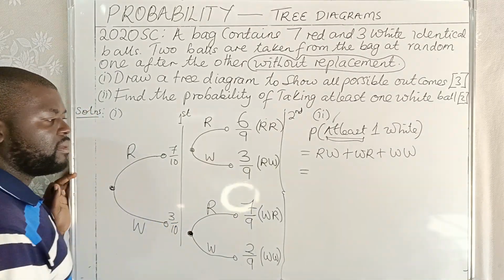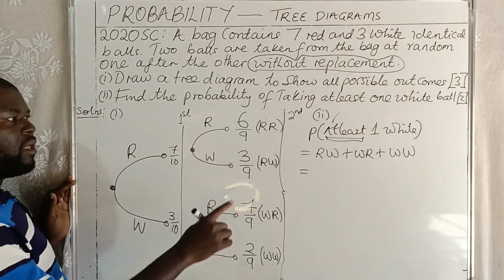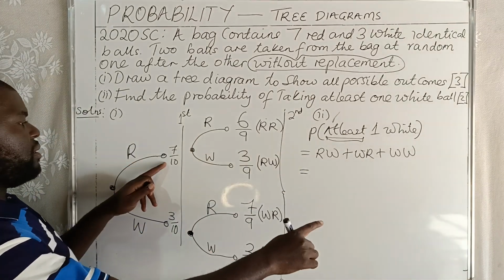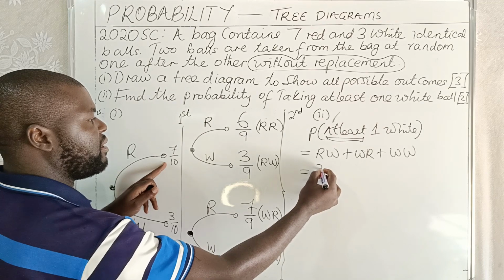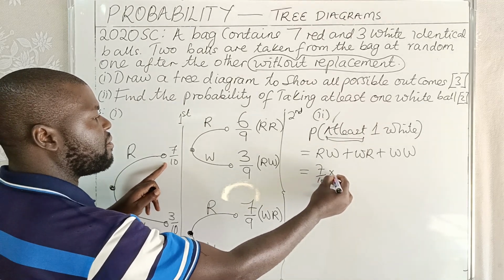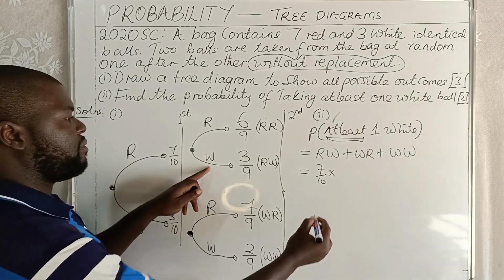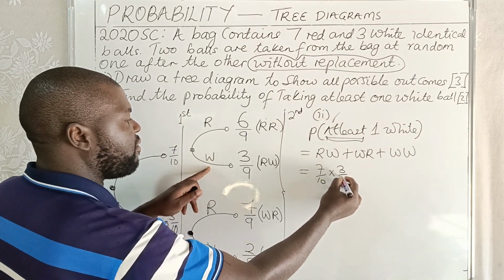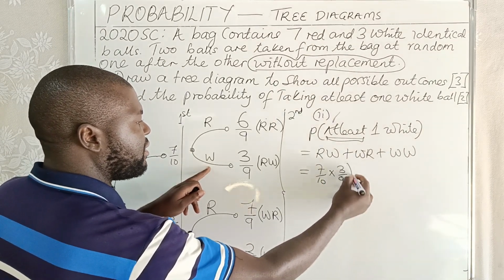Okay, so now coming to the calculations, we know when we say red, white, it means we are multiplying here. So red, white, so red, we have 7 over 10 multiplied by 3 over 9.